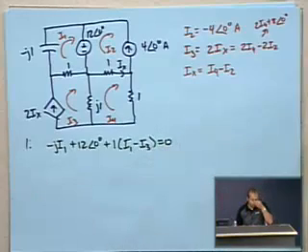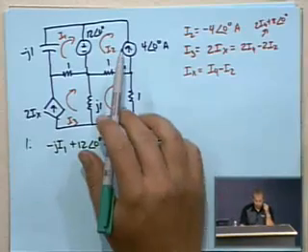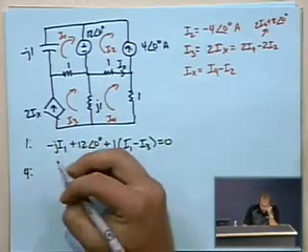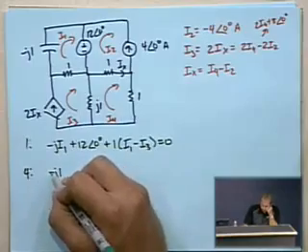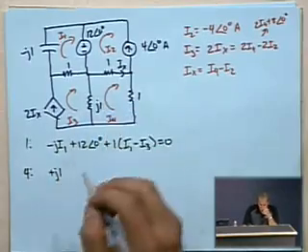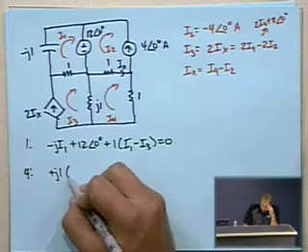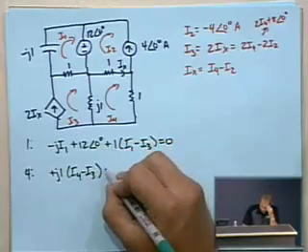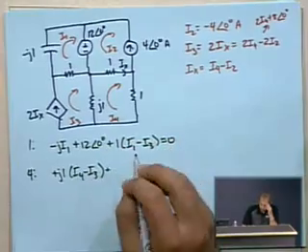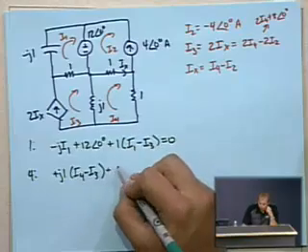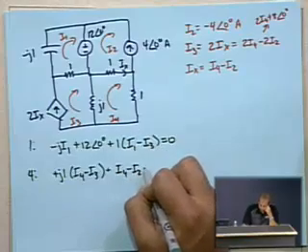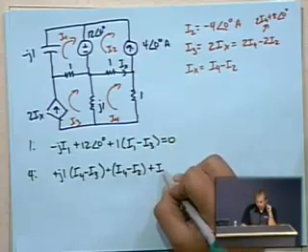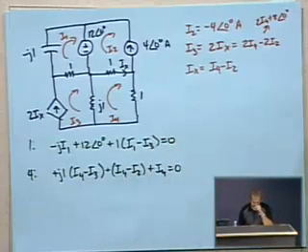So there's our first loop equation. We can skip I2, we can skip I3. For loop 4, we've got positive j1 for the inductor times I4 minus I3, and then 1 times I4 minus I2, and then another I4, equals 0.